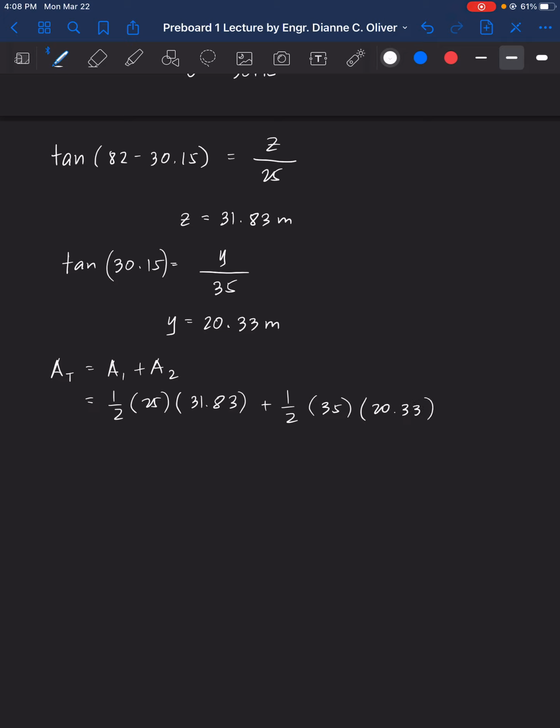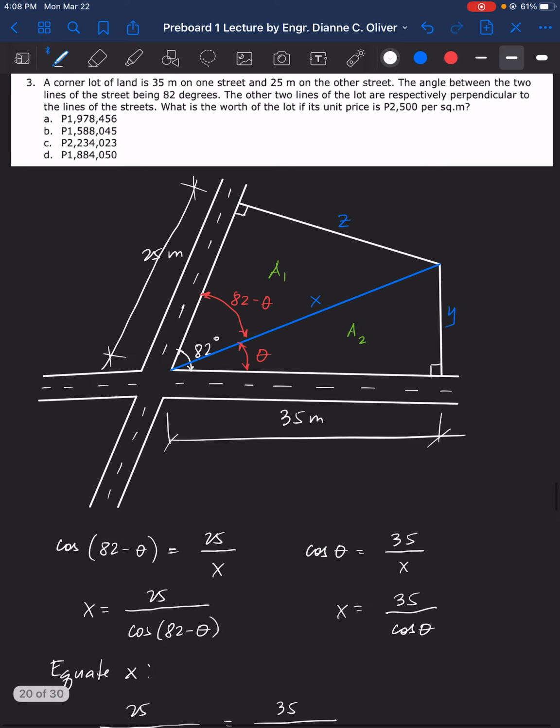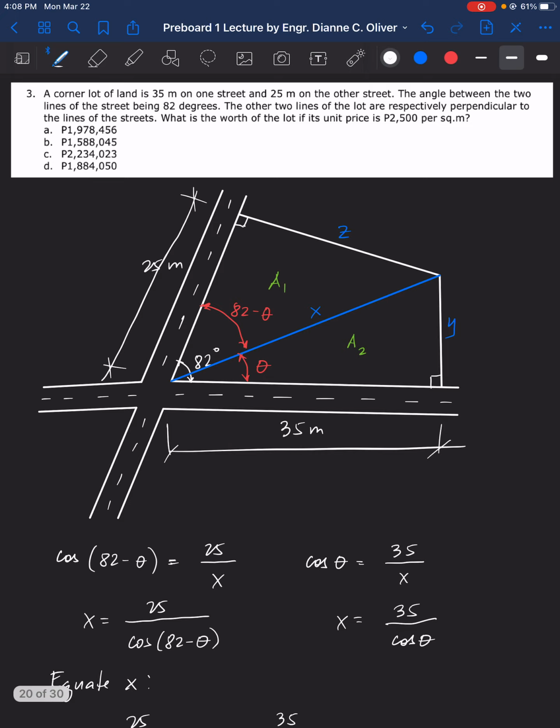So area total is now equal to 753.65 square meters.